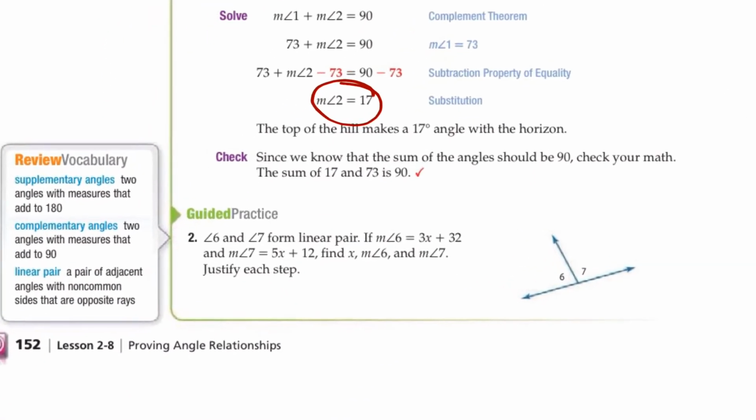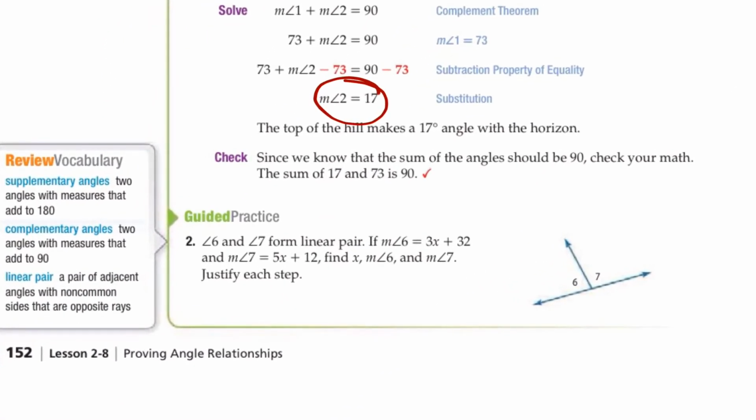But let's go to guided practice. It says angle 6 and angle 7 form a linear pair. Linear pair, what's that? Remember, linear pair is 180 degrees. Two angles that equal 180 degrees. So, here's what happens. They say the measure of angle 6 is 3x plus 2. And they said the measure of angle 7 is 5x plus 12.